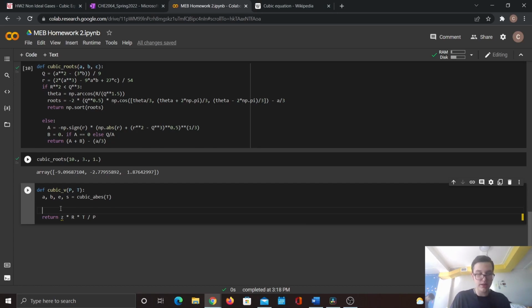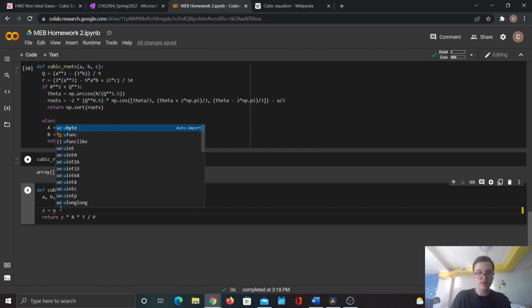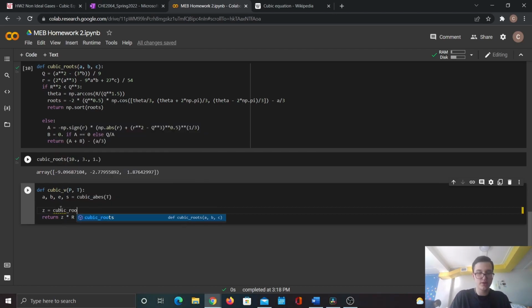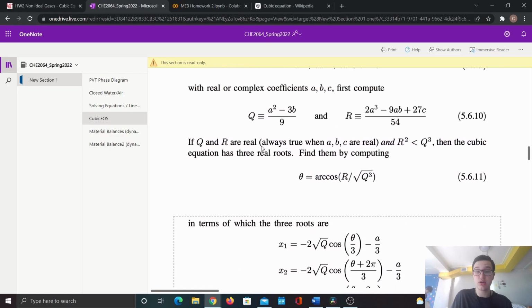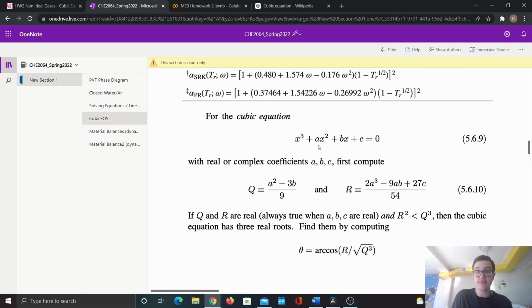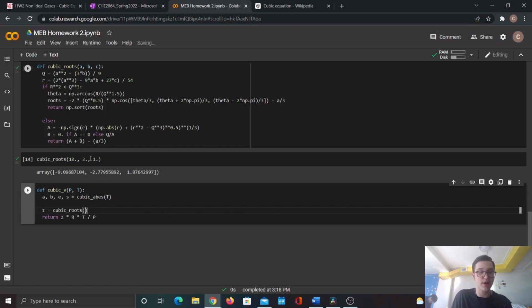So, well, let's do cubic z is equal to cubic roots. We're using our cubic roots function for a, b, and c. So what is a? Well, a is the value that is equated to z squared, as shown. Where is it? Here. So a is the value equated to x squared. It'll be z squared.